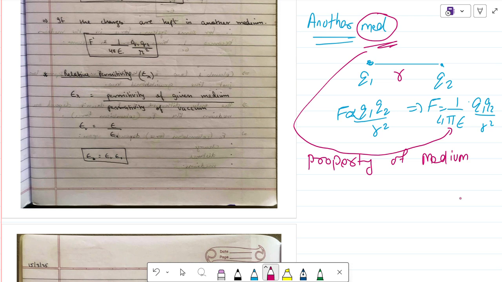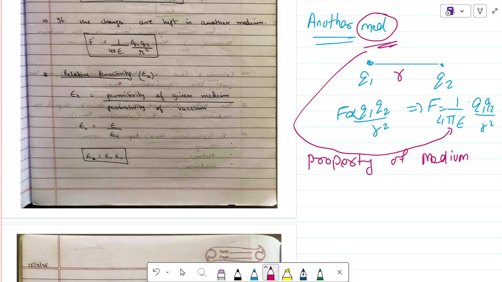So now, instead of learning or using the values of epsilon directly, we have developed a term which is known as relative permittivity, which is epsilon r. It is simply written as permittivity of a given medium upon permittivity of vacuum. So what does relative permittivity do?